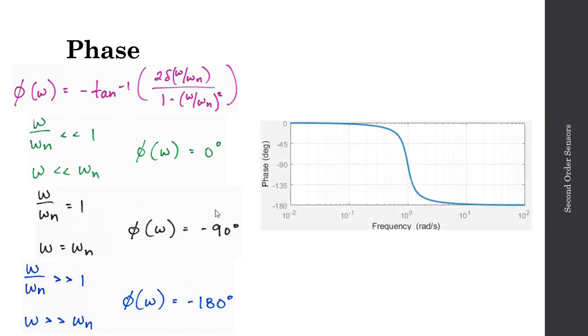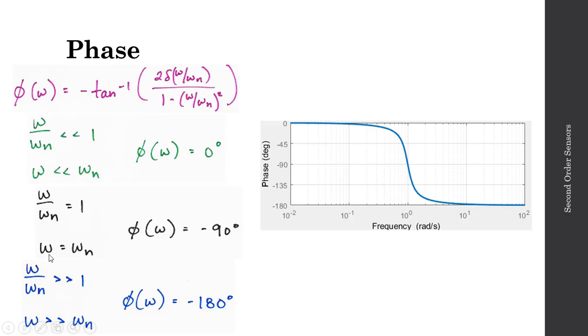And so if I plot this on my Bode plot, in terms of input frequency, this is logarithmic again, and then phase I've plotted here in degrees. For low frequency inputs, I have a phase of 0 degrees. For high frequency inputs, I have a phase of minus 180.